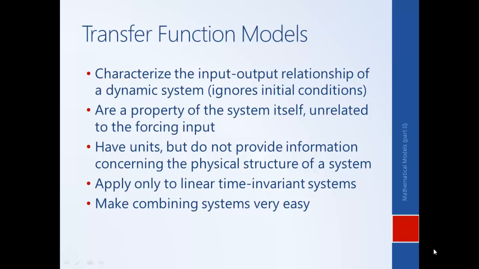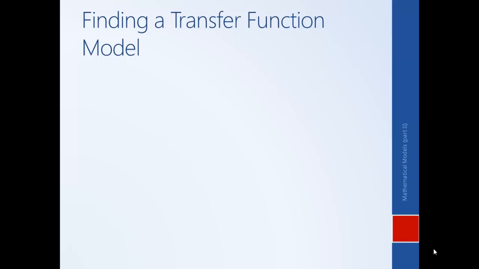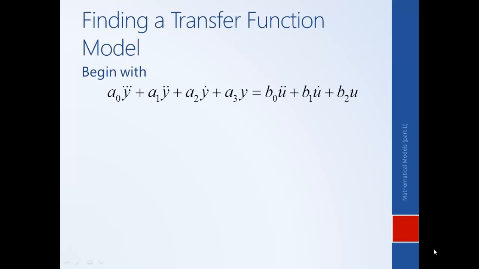So each of these aspects of a transfer function won't necessarily be apparent at this point, but I will try and point them out as we go through some examples. So the approach that we're going to use for finding a transfer function is as follows. Transfer functions are found from differential equations.